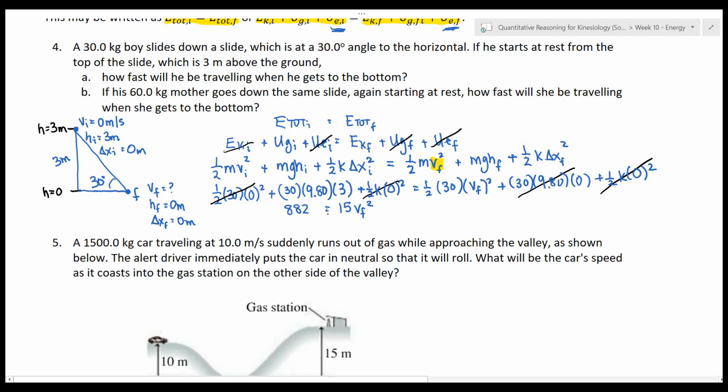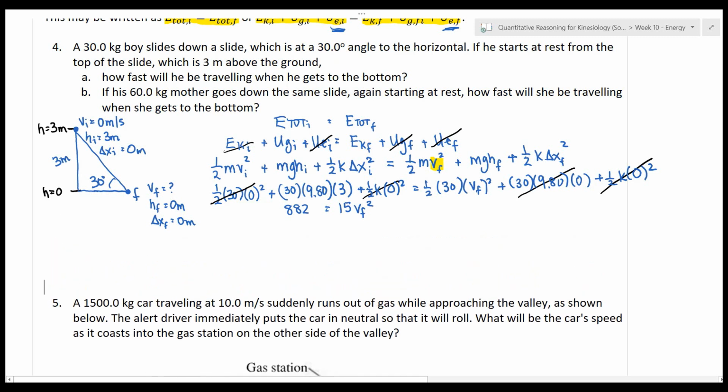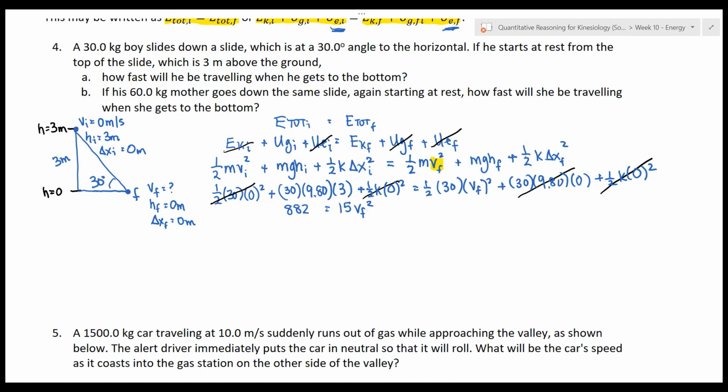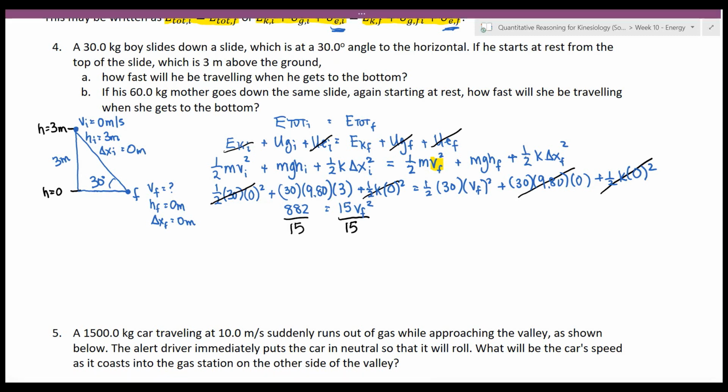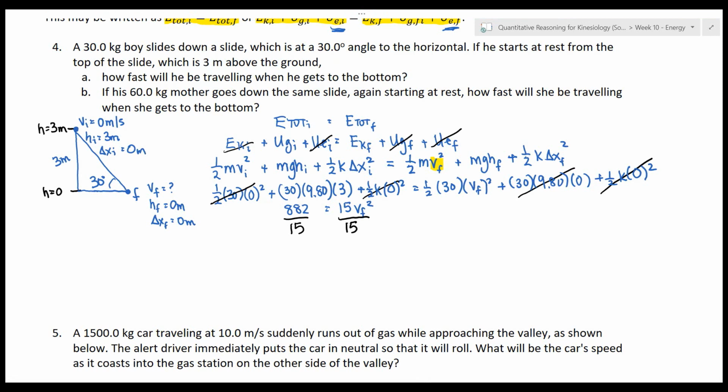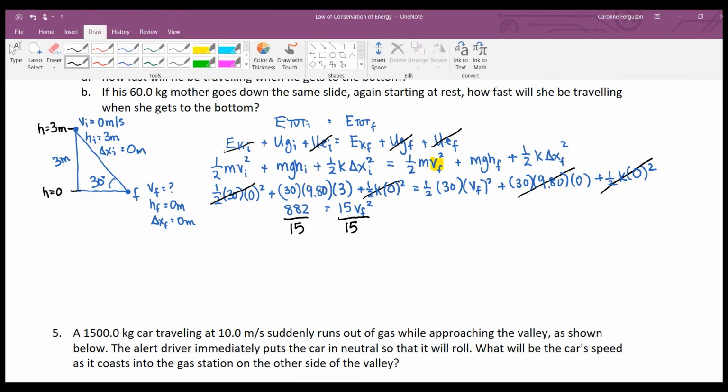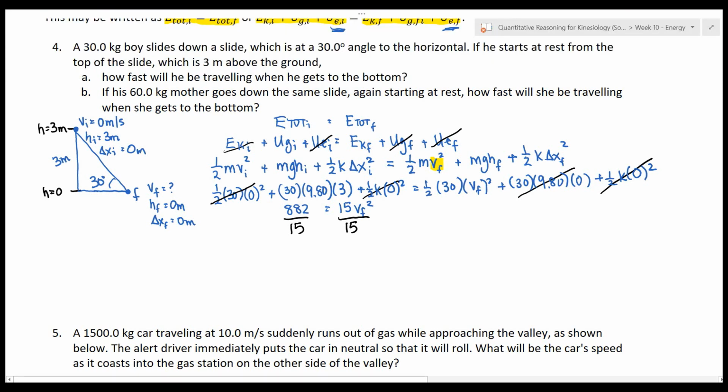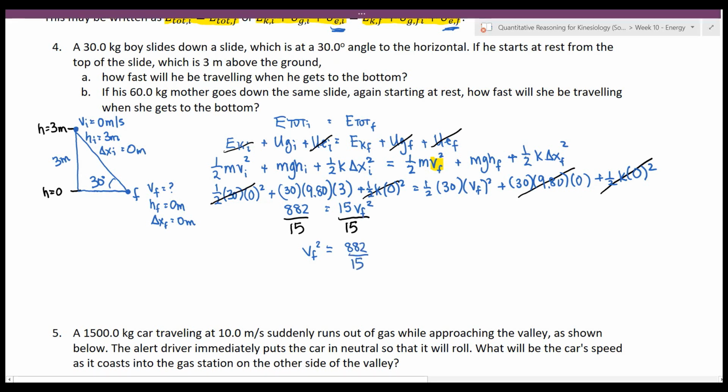Now I'll divide both sides by, sorry, I'll divide both sides by 15. And I get V final squared is equal to 882 divided by 15, and then I'll square root both sides.